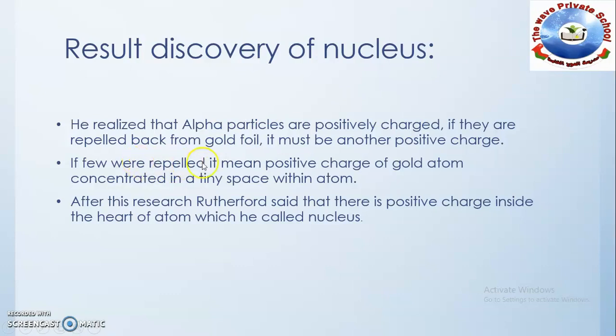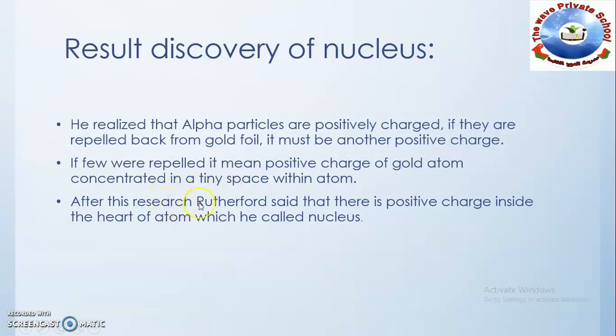If few were repelled, it means the positive charge of the gold atom is concentrated in a tiny space within the atom. As we see, mostly alpha particles change their direction and some are deflected back. So we can say that in the gold atom, the mass is concentrated in a certain small space.